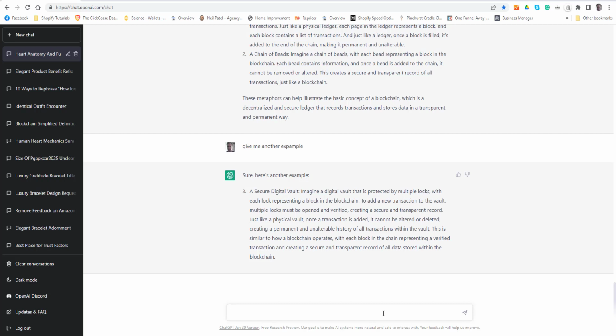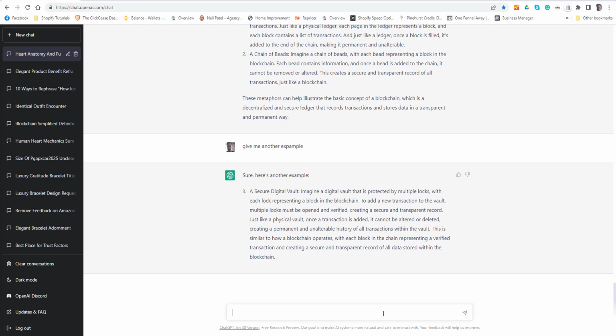Just like a physical vault, once the transaction is added, it cannot be altered or deleted, creating a permanent, unaltered history of all transactions within the vault. This is similar to how a blockchain operates, with each block in the chain representing a verified transaction and creating a secure and transparent record for all the data stored in the blockchain.